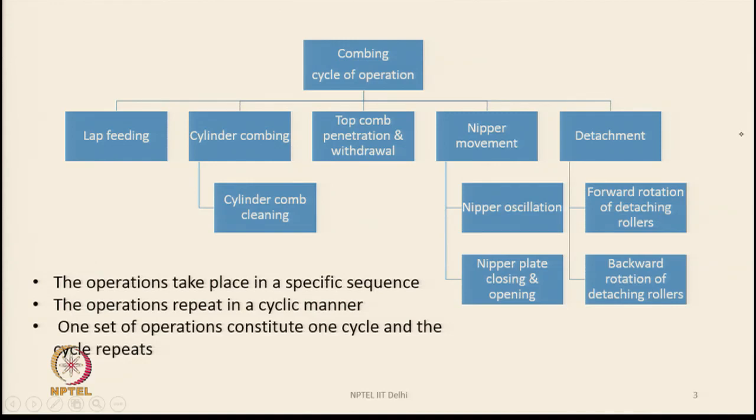of the comb fringe. Other than this, the further sub operations under nipper movement are nipper oscillation, which you have already learnt earlier. The nipper has to move backward and forward, and there is another thing that we do, that is nipper plates, they close and open in order to grip the lap sheet.